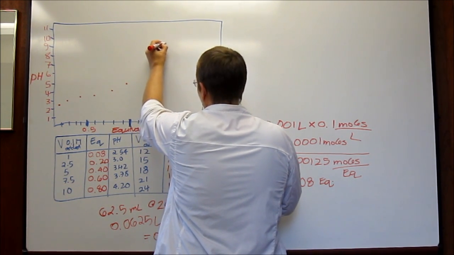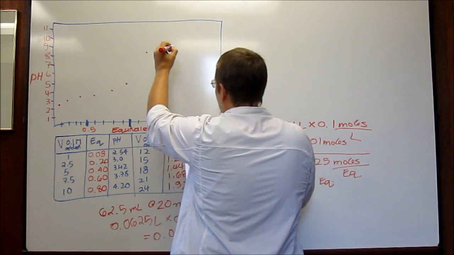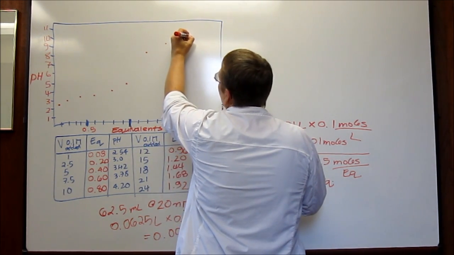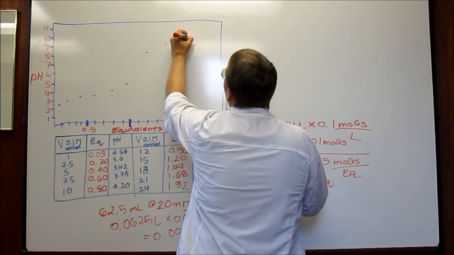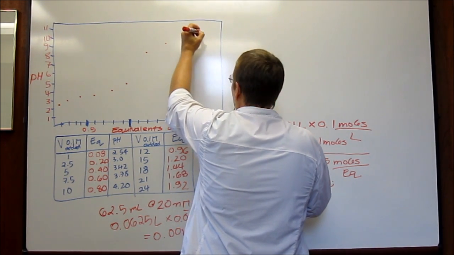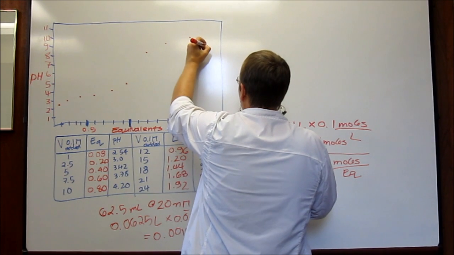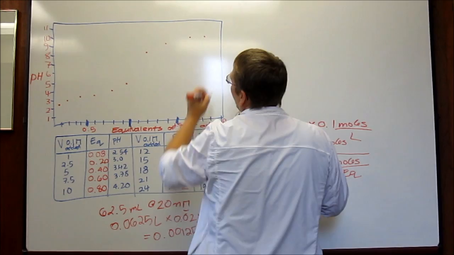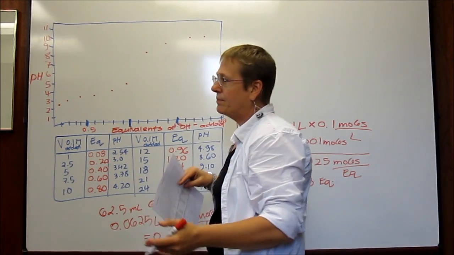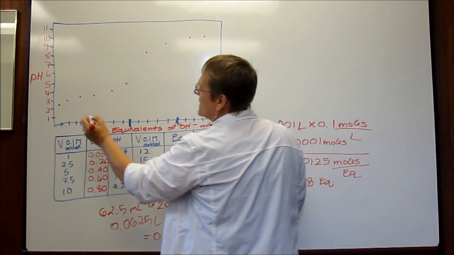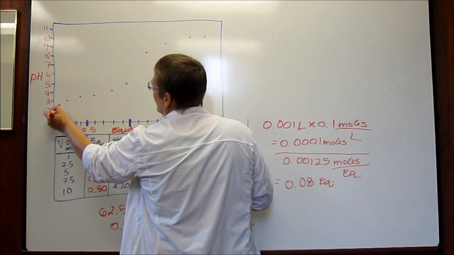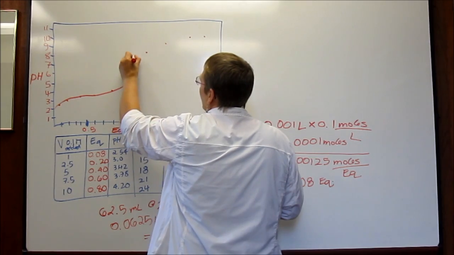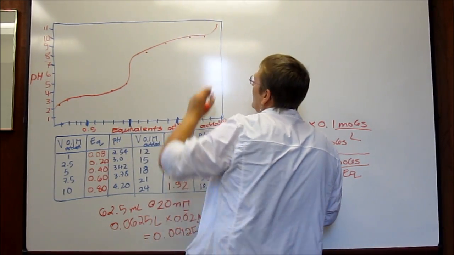I'm really getting off kilter here, but anyway. 1.68 is about there. 9.5 somewhere in here. And finally, somewhere up here. Okay, so we have a titration curve with 2 flat spots, or 2 pKa's, and we would sort of connect the points something like this, and eventually go up like that.